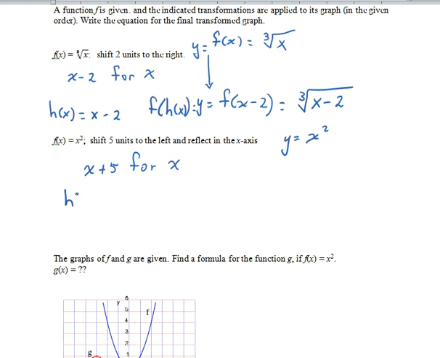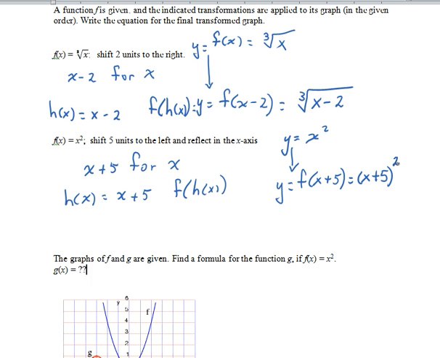If h of x is x plus 5, we'll be looking at f of h of x, and that will give us y equals f of x plus 5, which this time is x plus 5 squared.